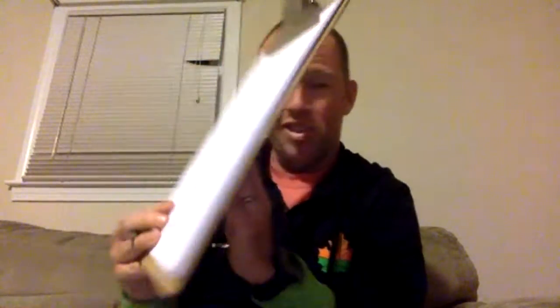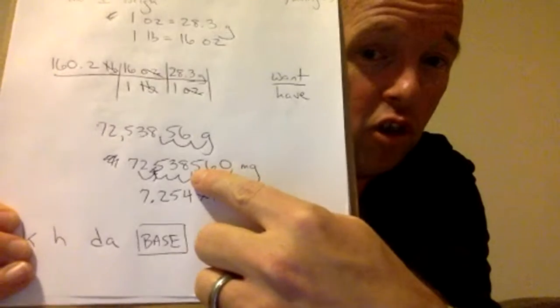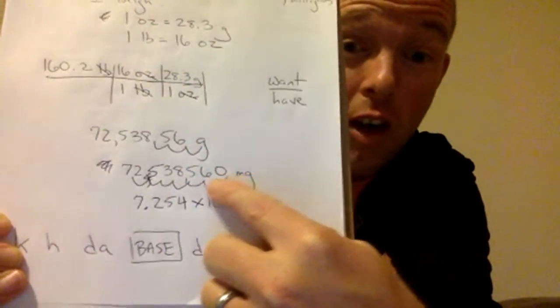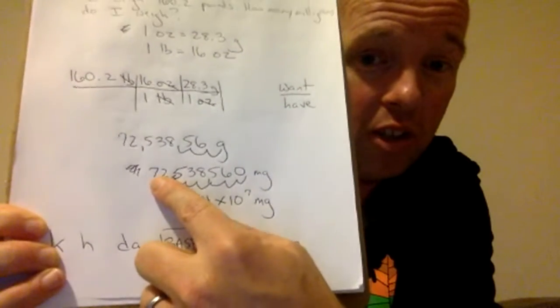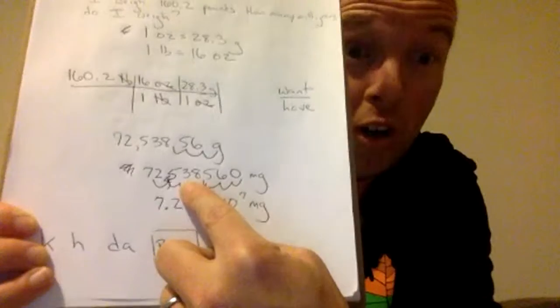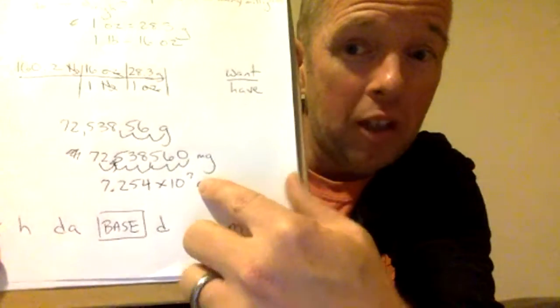So I'm going to say 7.254 times 10 to the 7th milligrams is going to be the best answer. That way, you're not going to be tempted to just get rid of all these zeros. That's real dangerous because a lot of people would answer 7,254 and they'd be real wrong because that number is way bigger than that. So you got to be careful about that.